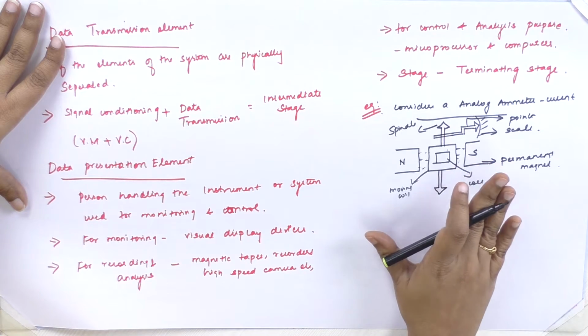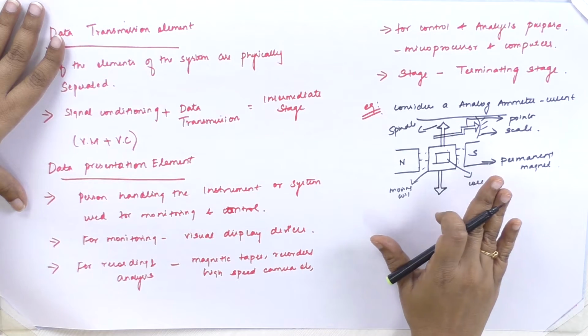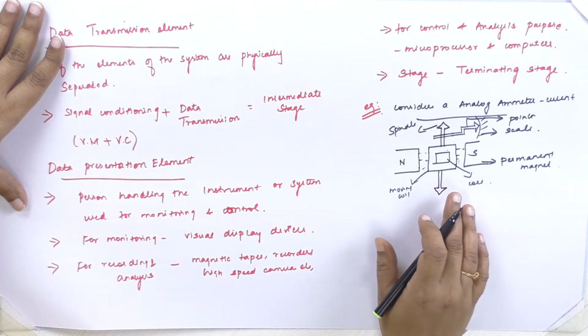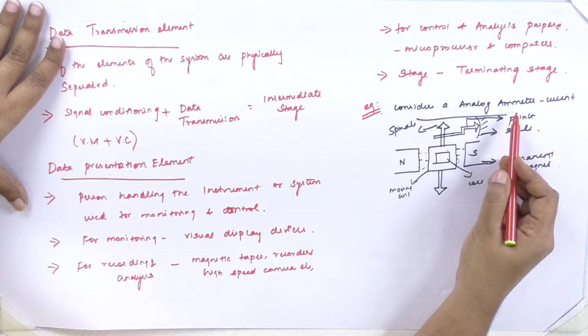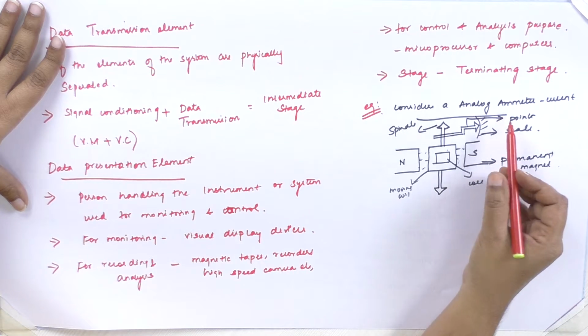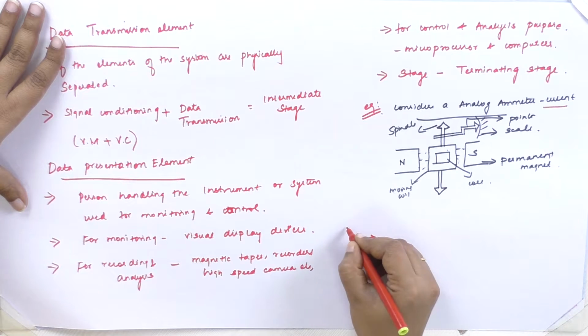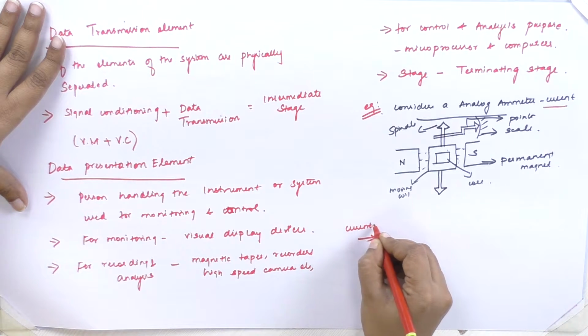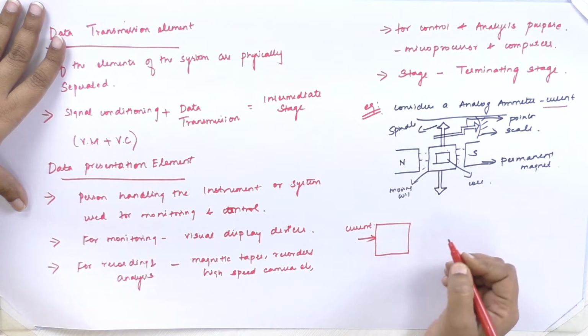Now, let us see the block diagram for this analog ammeter. How to draw the generalized block diagram for this analog ammeter. So, what will be the first element in case of analog ammeter? In case of analog ammeter, the measurand or the quantity which is to be measured is current. So, we have to measure current. This current will be given to the first element in the instrument.